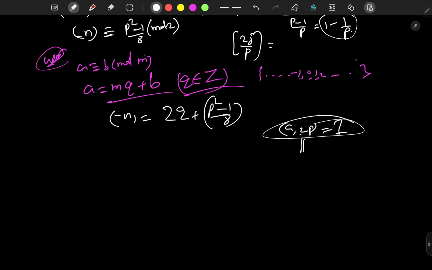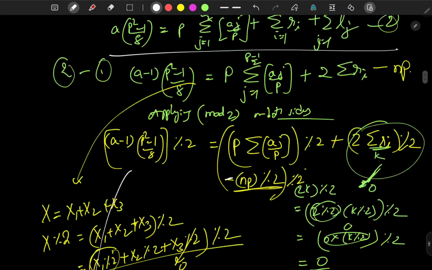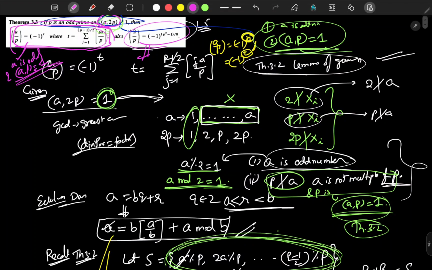Given that gcd(a, 2p) equals 1, this means in the given condition a is not even, and gcd(a, p) equals 1. Since p is a prime number, p doesn't divide a. But the condition gcd(a, 2p) is only for this case.